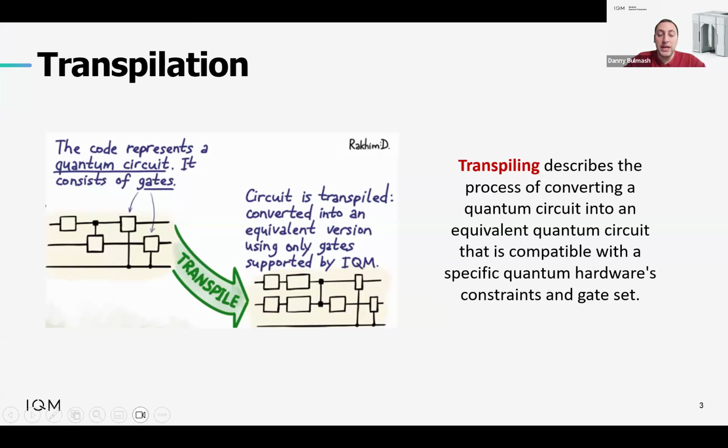There are many ways to implement the same quantum circuit, and we'll see how some of those work today. In particular, automatically, the circuit is transpiled. It's converted into an equivalent circuit that has the same effect using a different set of gates, a circuit that works with the quantum hardware's constraints and its gate set. So we'll talk a little bit about both the constraints and the gate set today.